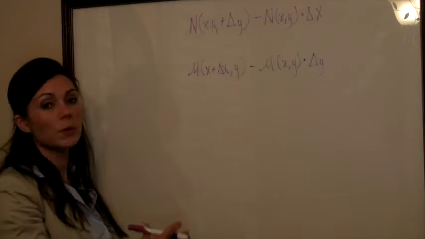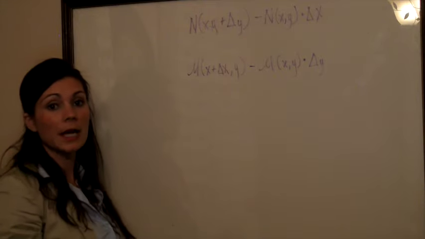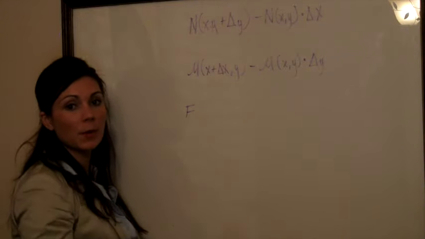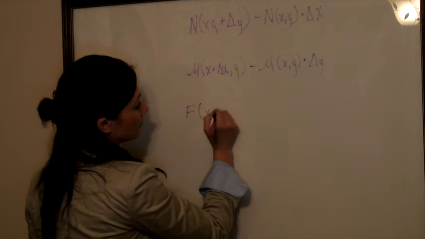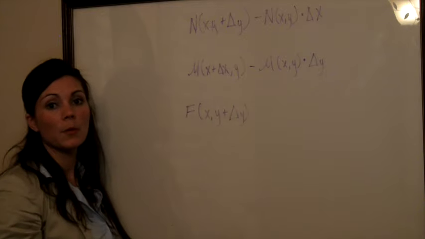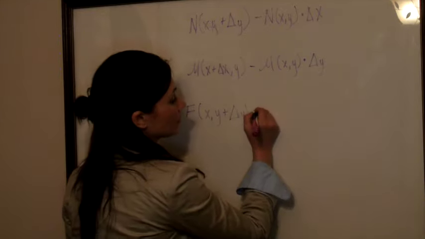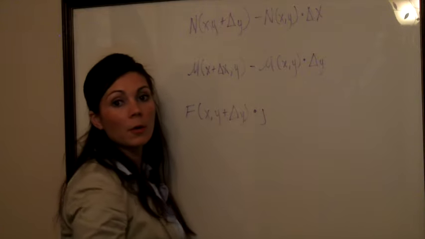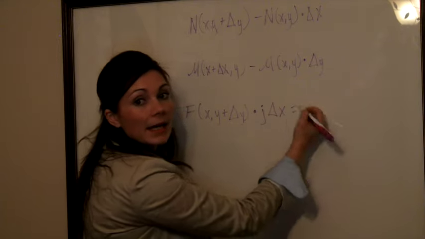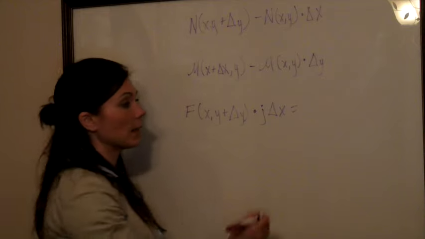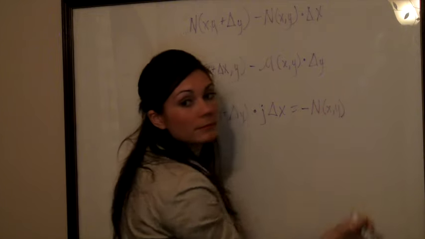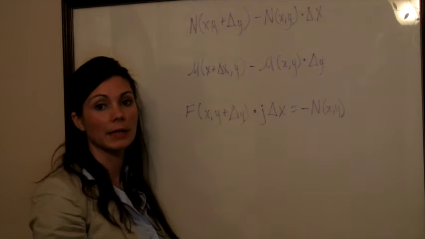So once we put this together, for the top we'll look at F at x, y plus change of y, which is going to be multiplied with j, which is change of x. And then that's going to equal N(x, y plus change of y) multiplied with change of x.